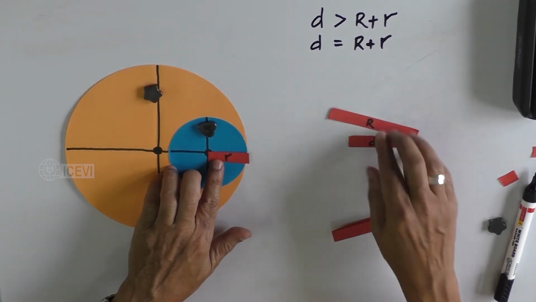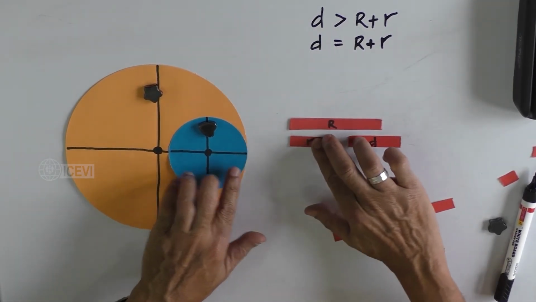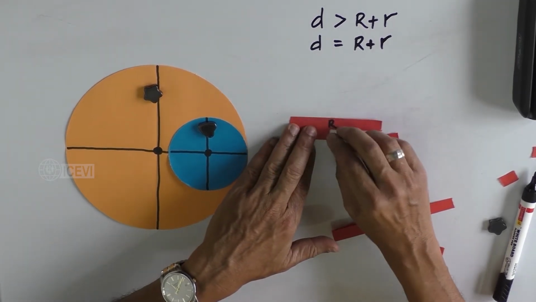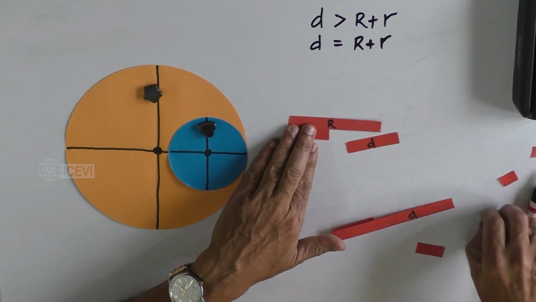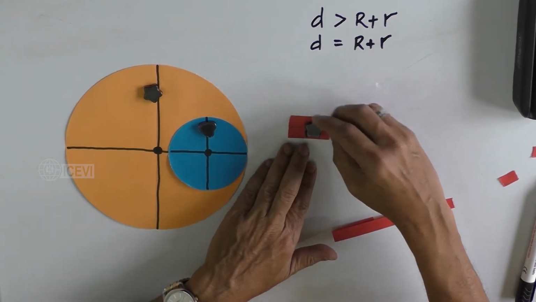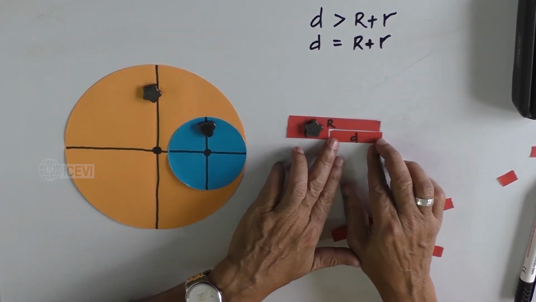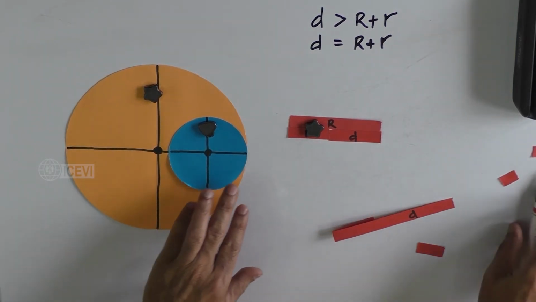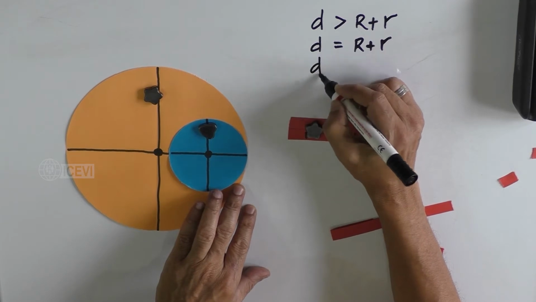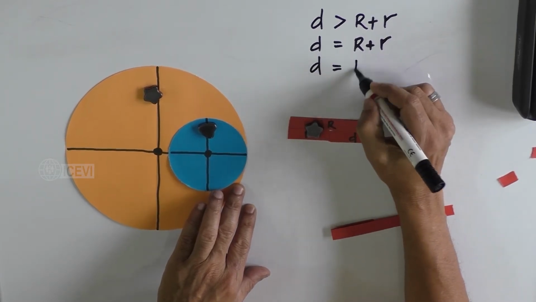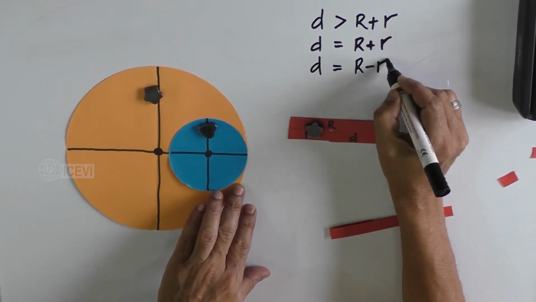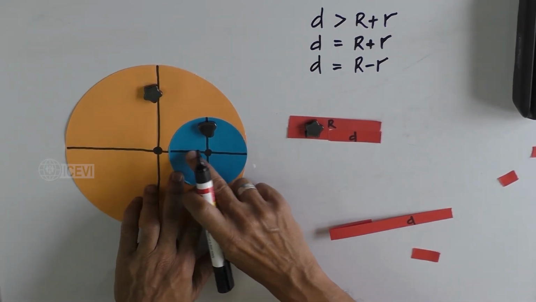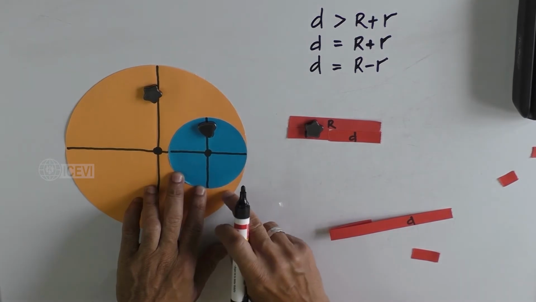So when you subtract the small r from the capital R, that is what you get as the distance between the centers. So if D equals R minus r, then you say that the circles are touching internally.